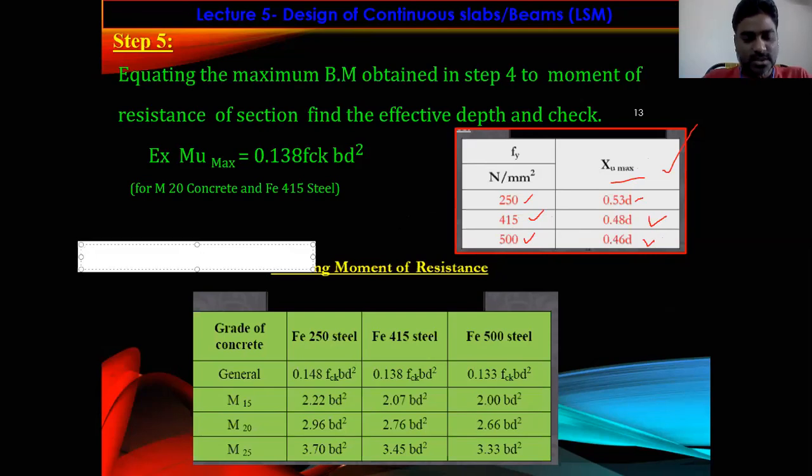So Mu limit is equal to 0.36 fck into Xu max into b into d minus 0.42 Xu max.